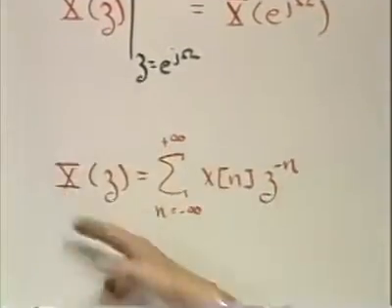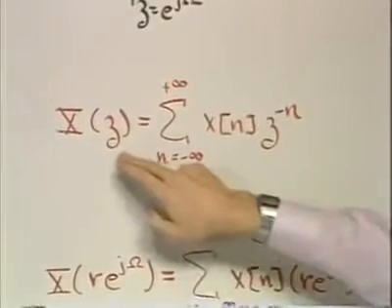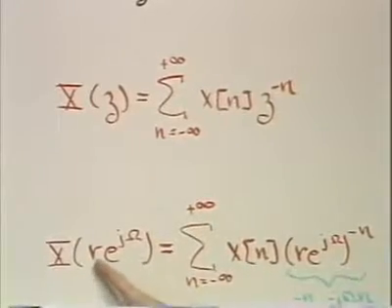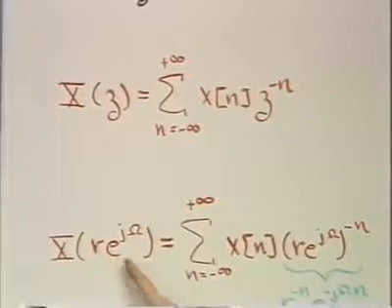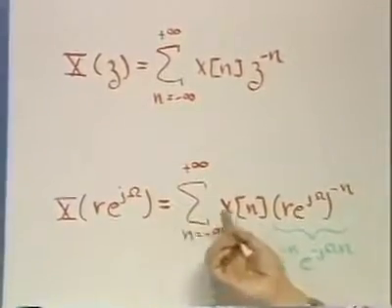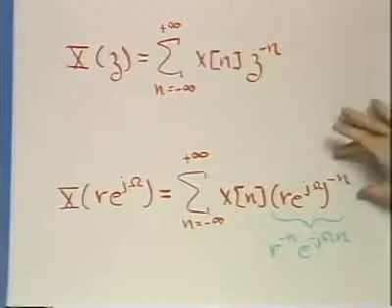Here we have the general expression for the z transform. And recognizing that z is a complex number which we're expressing in polar form as r e to the j omega, substituting that in, this summation now becomes x of n times (r e to the j omega) to the minus n.